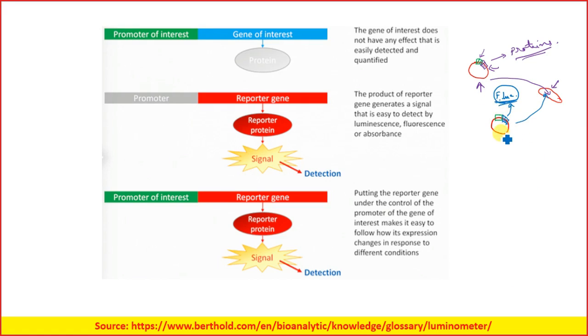When we transfect it within the E. coli, we put this E. coli in different conditions, and we find out how this promoter is behaving under different conditions, and what is the quantum of the luciferase enzyme being produced there.